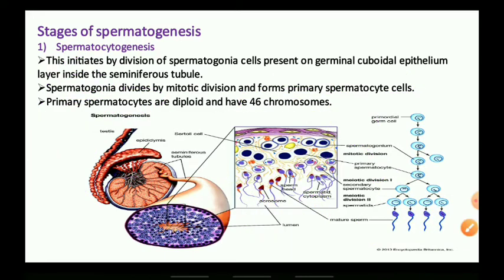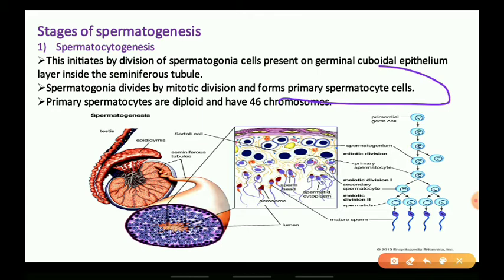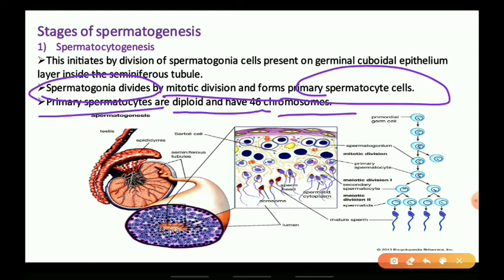So what you have studied right now is that spermatogonia cells divide by mitosis and form primary spermatocytes. So the first step in spermatocytogenesis is the formation of the primary spermatocytes from spermatogonia by the process of mitosis, and these primary spermatocytes are diploid cells with 46 chromosomes.